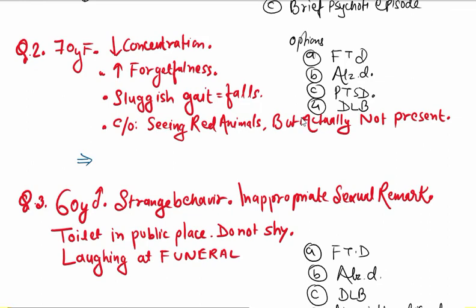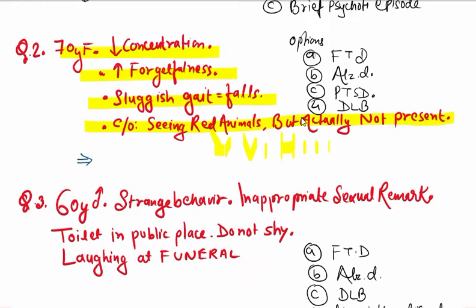Next one, a 70-year-old female is having decreased concentration, increased forgetfulness, sluggish gait, and frequent falls. She is complaining of seeing red animals, but they are actually not present. So this is visual hallucinations.